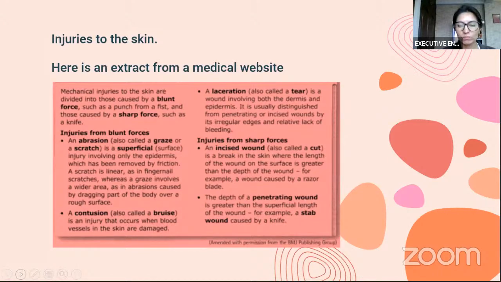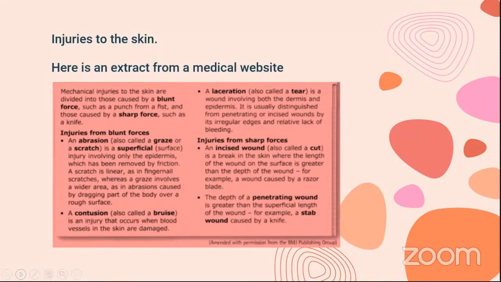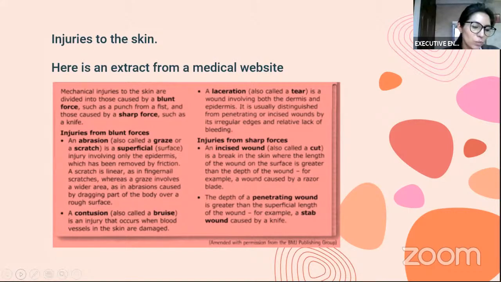Well, the translation would be skin disease. It would be the most common.